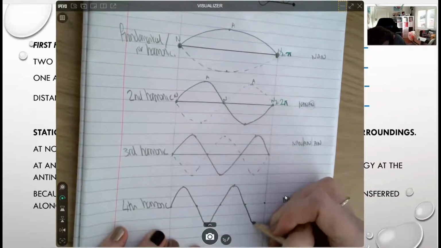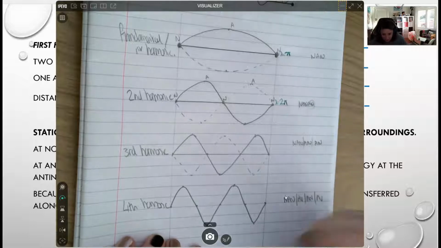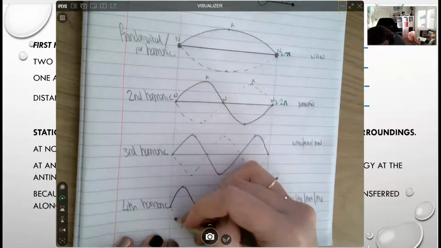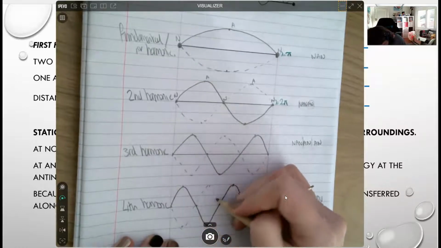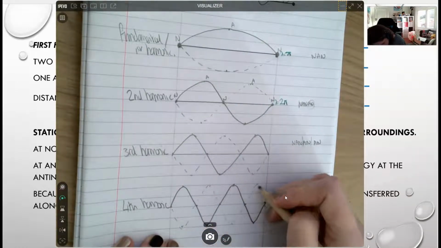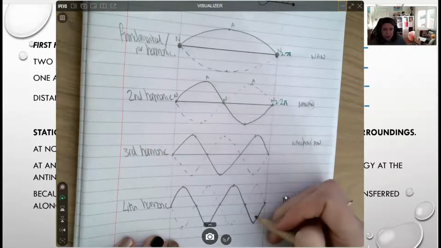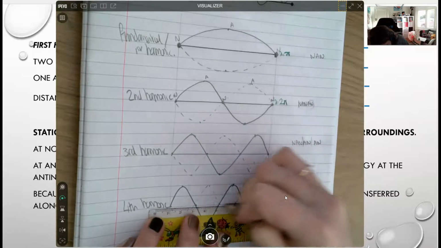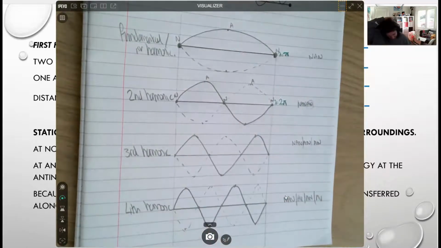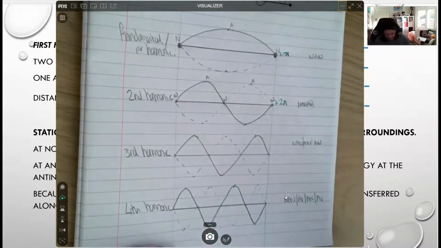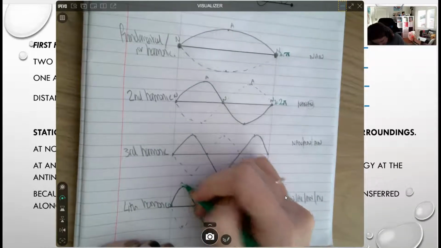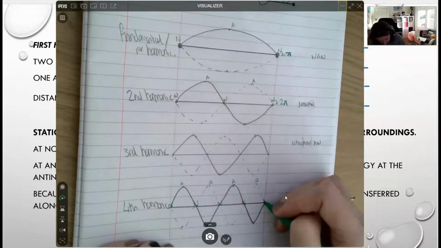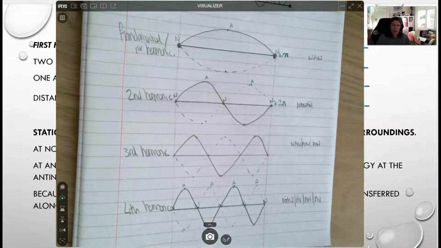Okay, and then the other side. Remember, these aren't two waves, it's one wave that goes from here to here to here to here, okay? So I've got node, antinode, and that's my fourth harmonic.